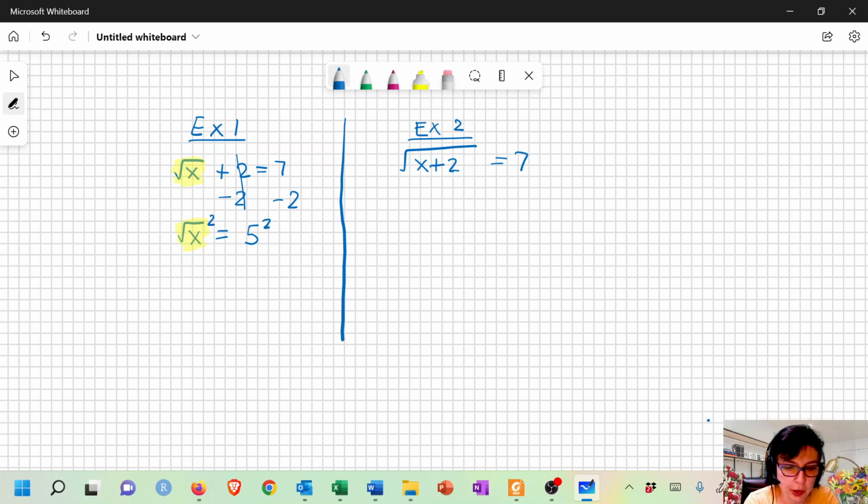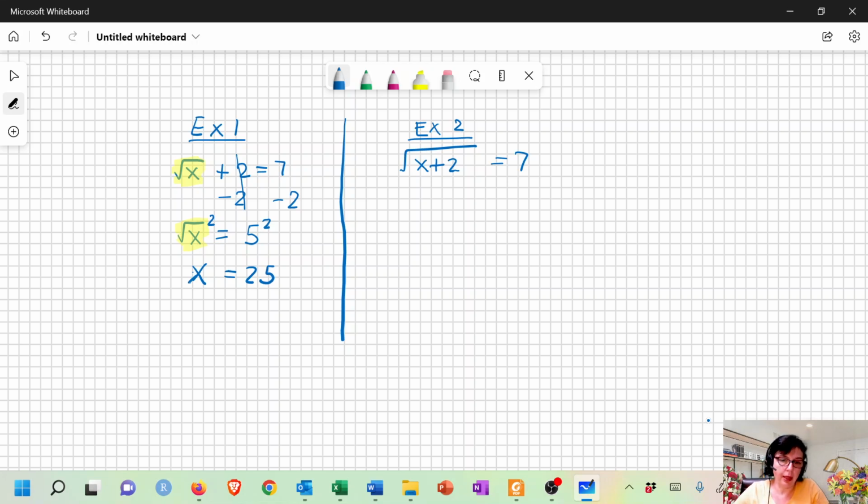What the squaring does is just get rid of the square root on the left hand side. So when you're squaring a square root, the square root disappears. And then you're just going to have x on the left hand side, and on the other side you do need to understand that 5 squared is not going to disappear. That is 5 squared, which is 25. So that's my answer, x equals 25.